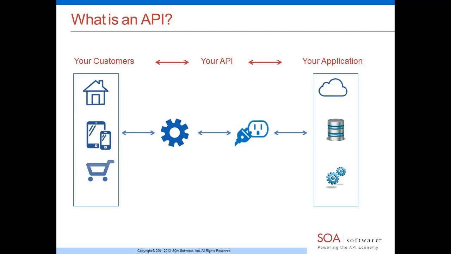So a little background, probably preaching to the choir here. You probably signed up to this because you already know what an API is and you're curious as to how you can make your enterprise, or APIs, more enterprise strength. But of course, an API is all about connecting your customers to your application. And your application or applications can be varied.